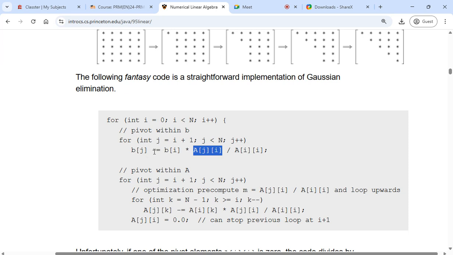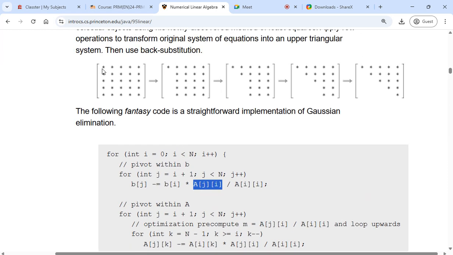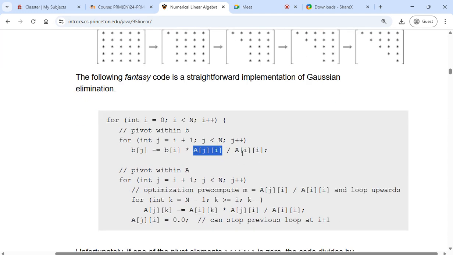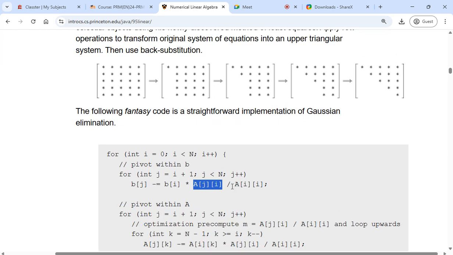And here, if you have something like a pseudocode for this, you see here bj. What you are doing, you are creating a kind of a new thing. So what is there? Here you have the row, and look, you are creating bj as minus bi multiplied by this divided by that part.